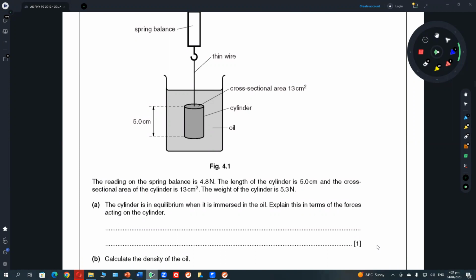In terms of forces acting on the cylinder, there must be one force downward, and there is a force, tension, and plus there is a force which is U. What is U? Upthrust. Yes.